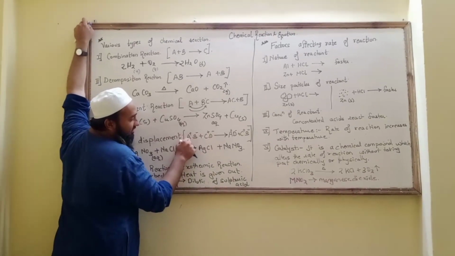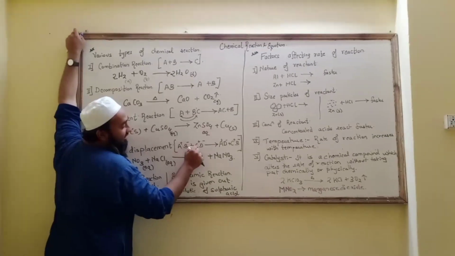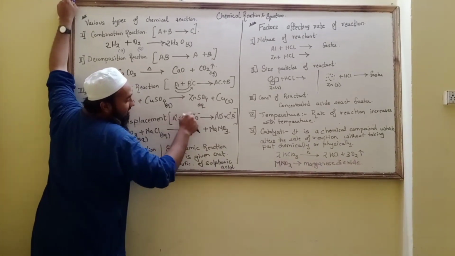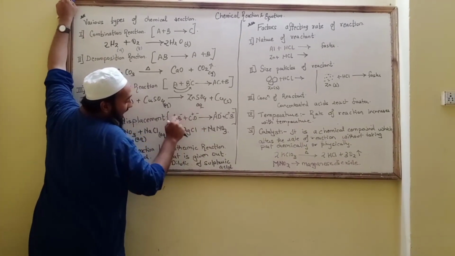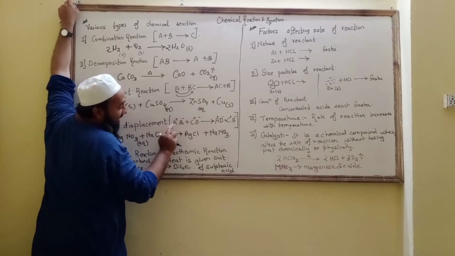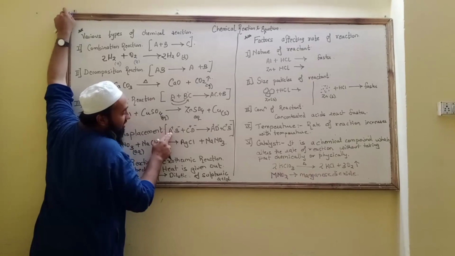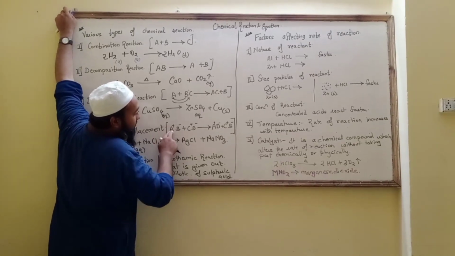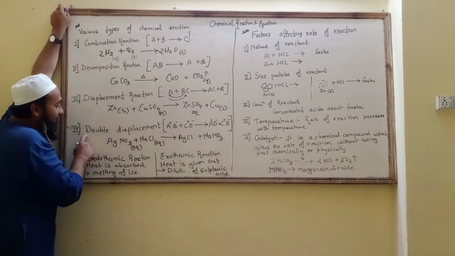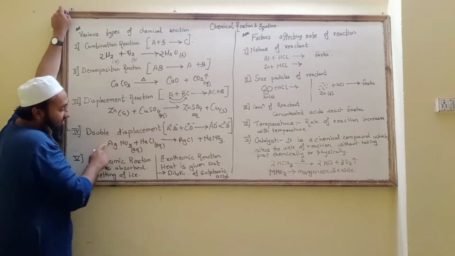A gets a positive charge, B negative, C positive and D negative. A, being positive, combines with D negative, and C positive combines with B. So there is a double displacement: A is displaced with C and D is displaced with B. Therefore this is a double displacement reaction.